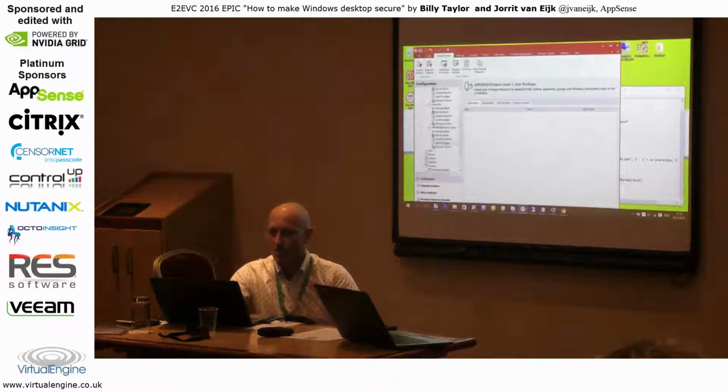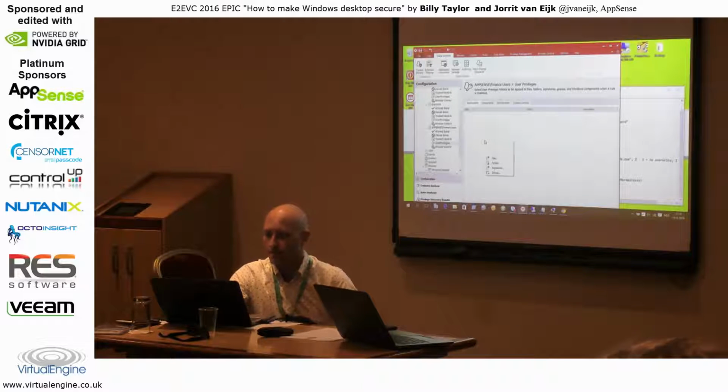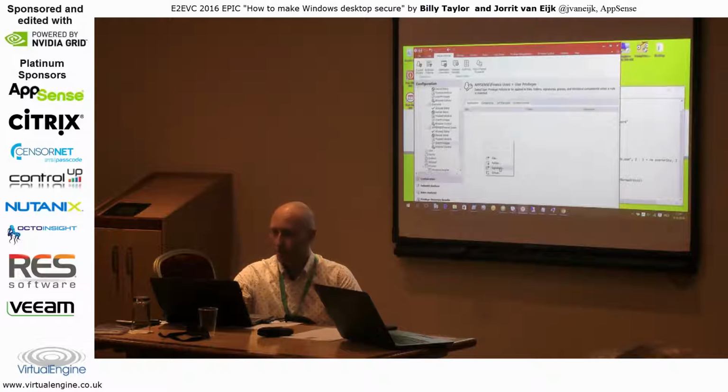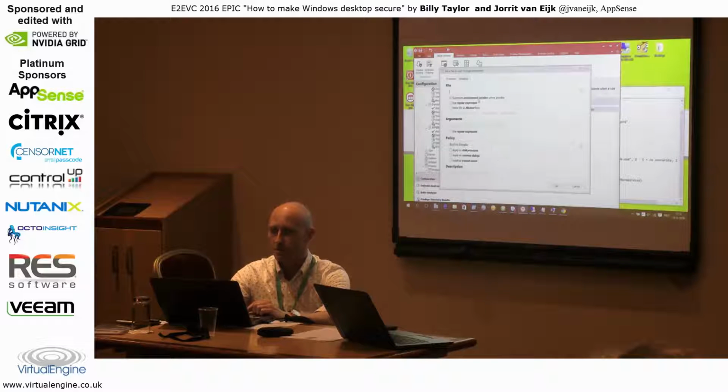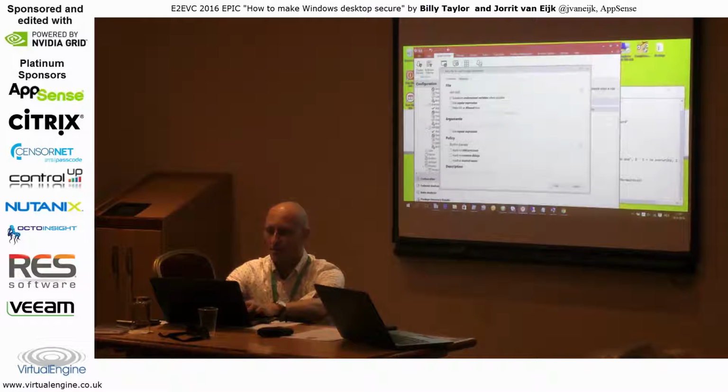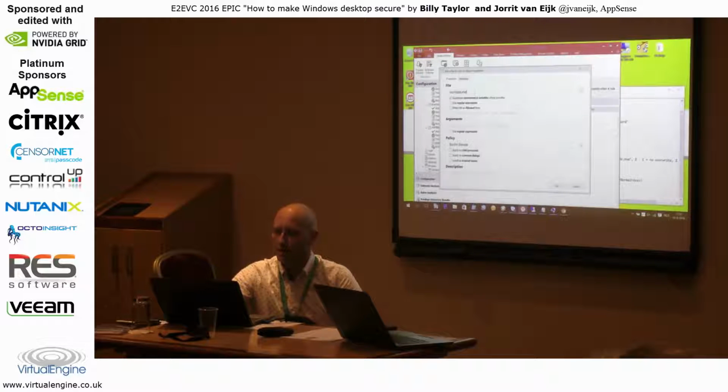In my case, I've got my finance user, I've got everything set up. I can do this based on a signature, for example, but for the sake of the demo, just a file. If I want to run WordPad.exe, I want to elevate this application.